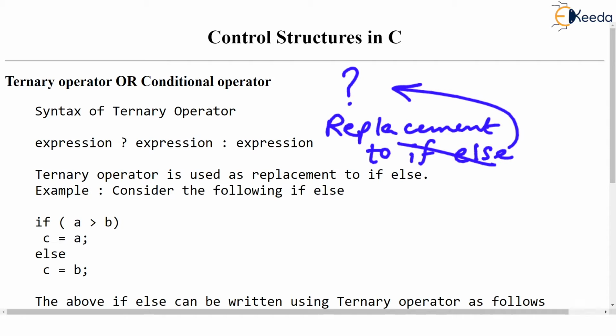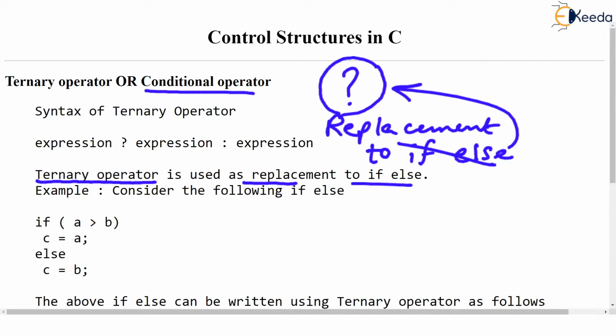The question mark operator can be used for checking conditions, just as an if statement checks the condition and either executes the if portion or executes the else portion, depending on whether the condition is true or false. Just like that, this question mark can be used for checking a condition. So that's why it is known as a conditional operator. Clearly observe, I have written here, ternary operator is used as a replacement to if else.